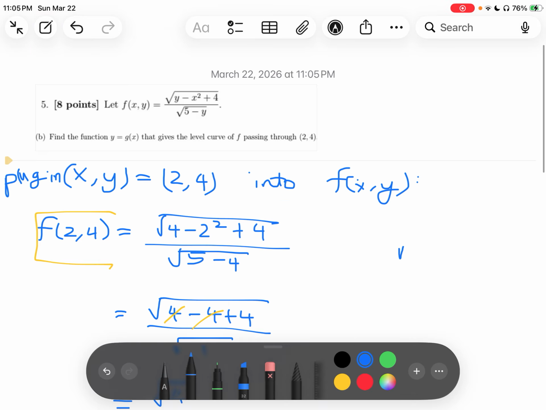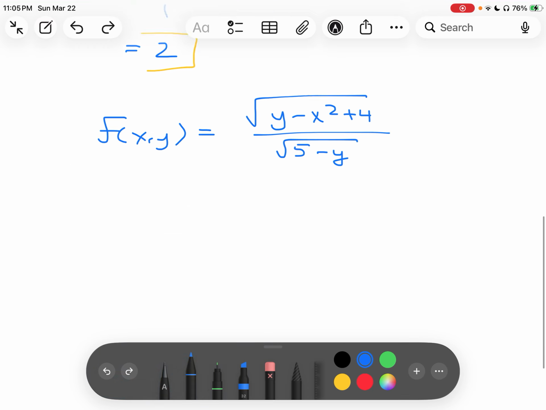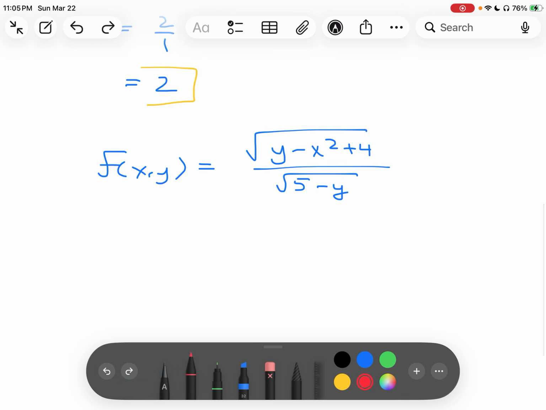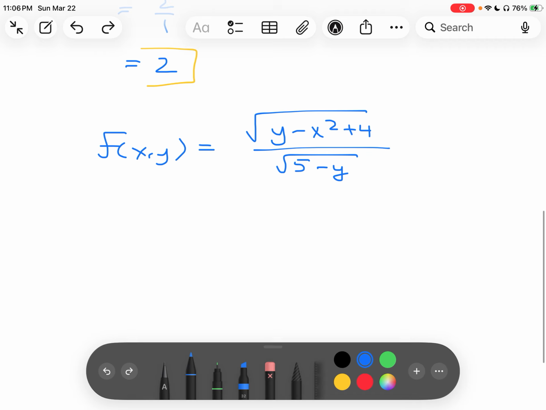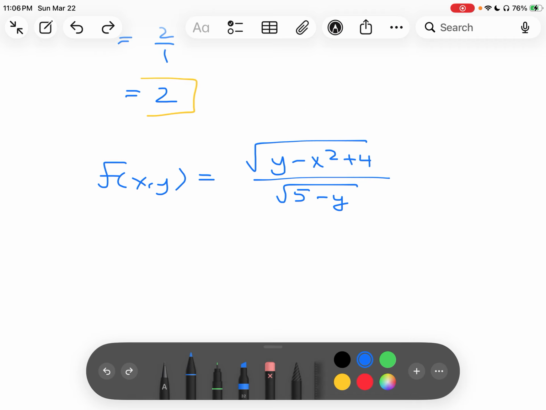We're going to plug in 2 on this side and leave the rest as is, then isolate and solve for y as a function of x. We put y on one side and everything else on the other side. So we have 2 equals the root of y minus x squared plus 4, all over the root of 5 minus y.